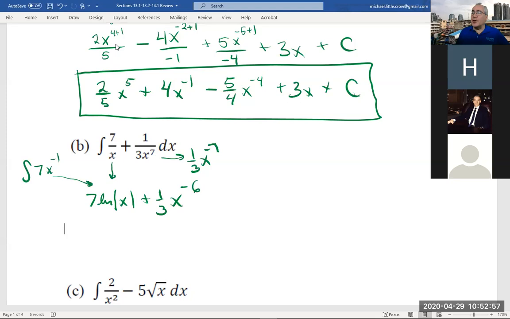You divide by the new exponent, so that's going to be a -6. So our final answer, 7 natural log of x, 3 times 6, so we're going to get a -1/18 x to the -6 plus a constant.